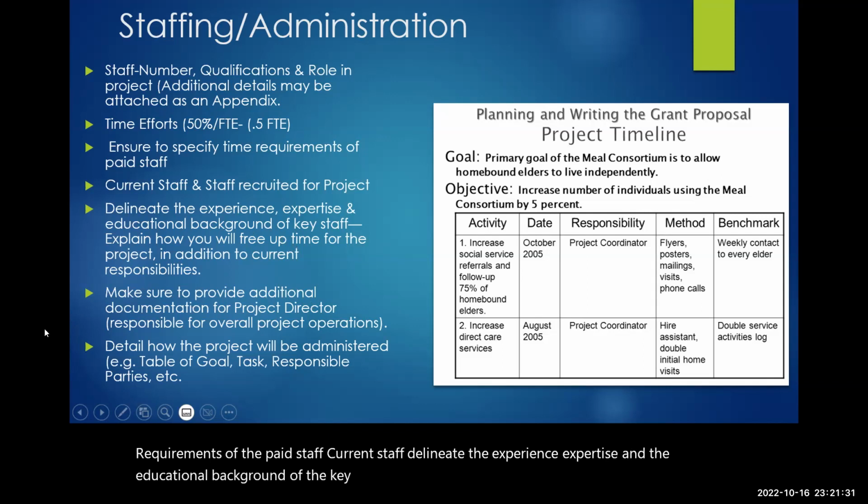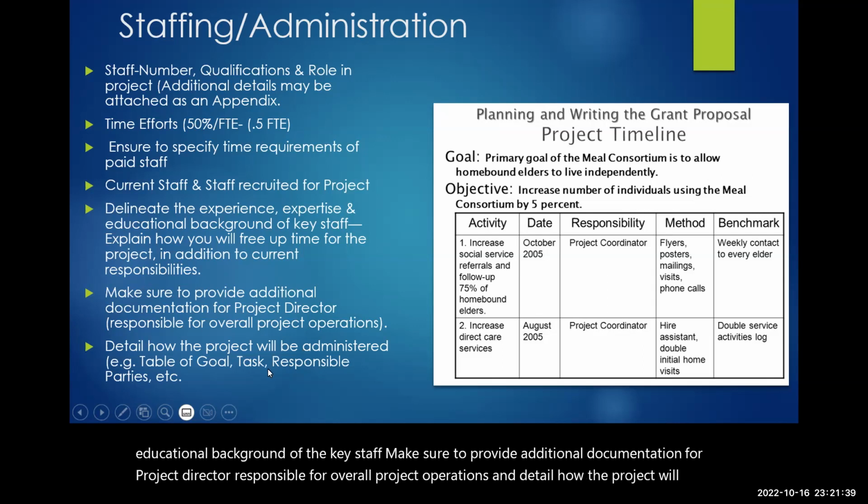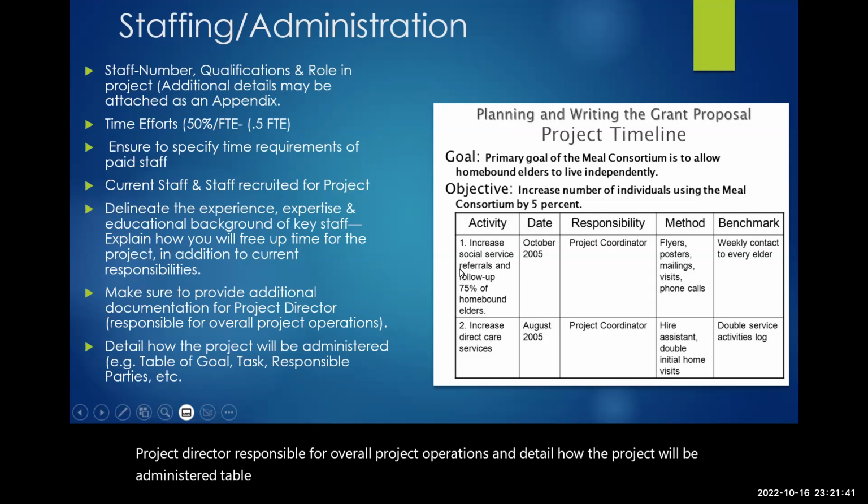Make sure to provide additional documentation for the project director responsible for overall project operations, and detail how the project will be administered. Table of goal, task, and responsible parties, etc.